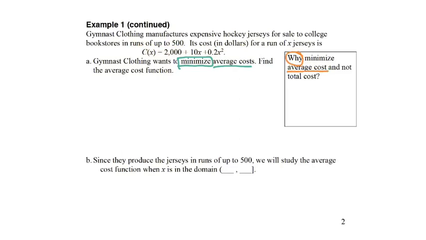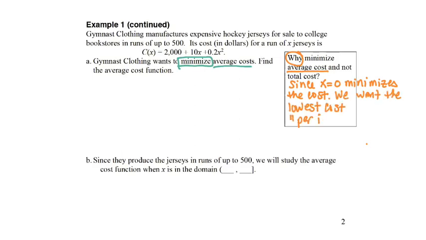So the question becomes, why is it the average cost and not the total cost, which is what we were given? And basically, since x equals 0 minimizes the cost, that's how you save money. If you don't make anything, it's the cheapest outcome there is. But we want the lowest cost per item, and that's the key piece.